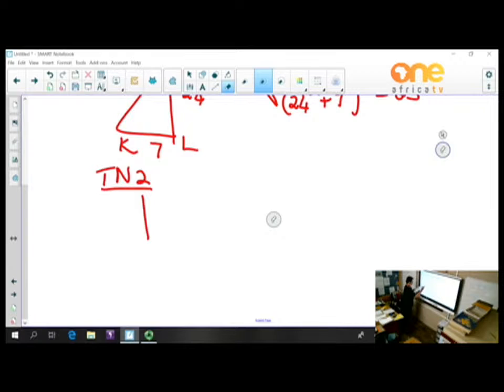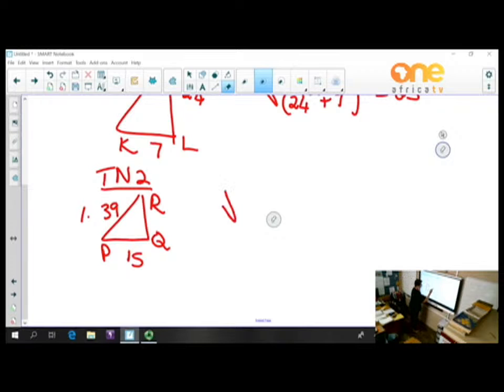So I keep on drawing the sketches. This time Q is 90 degrees, PQR. And now we say QP is 15 and PR is 39. Now we want to find the other side, and that means that we're going to subtract.